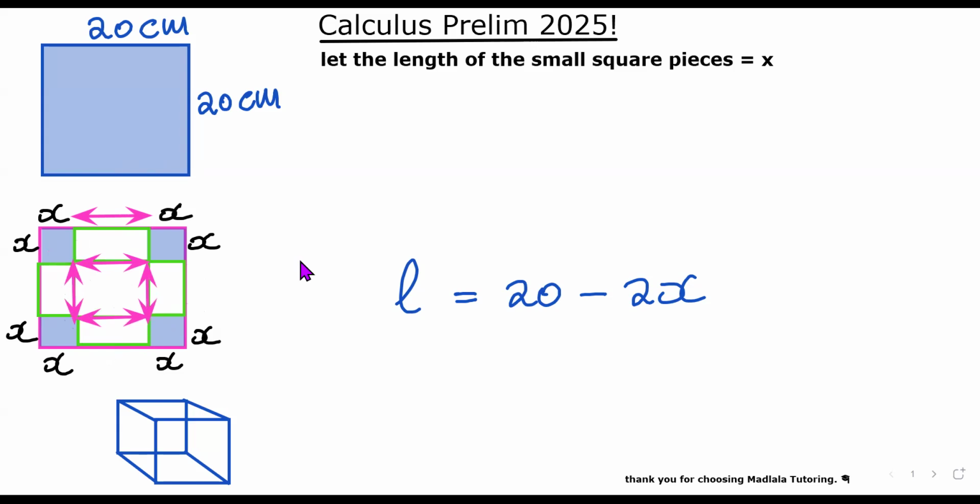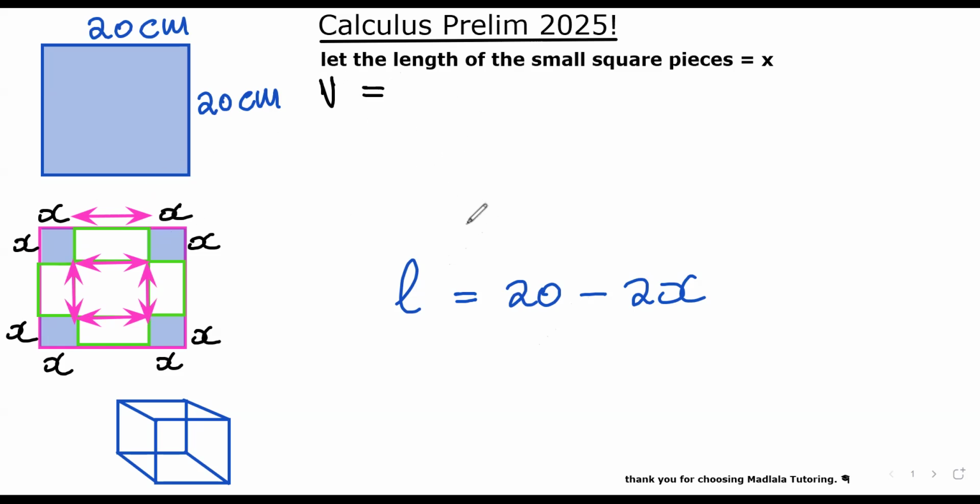Okay, fine. The question here is asking us to maximize the volume. Find the dimensions for which the volume will be a maximum. The volume of the box, of course. Well, that's easy.